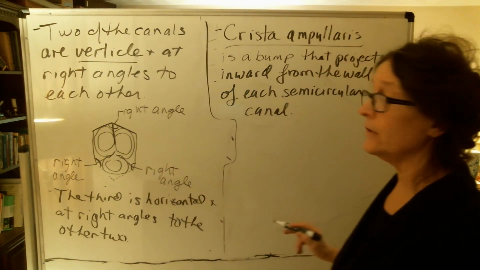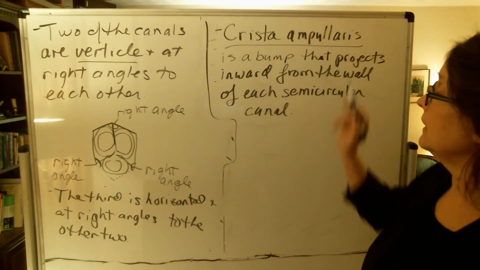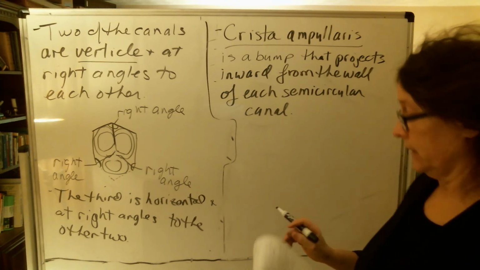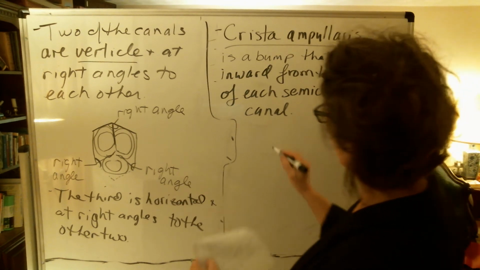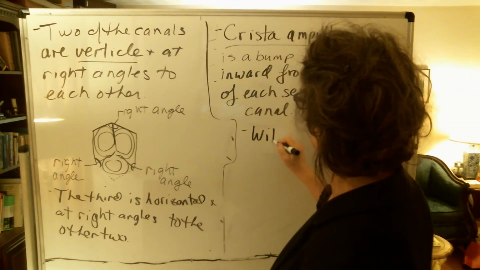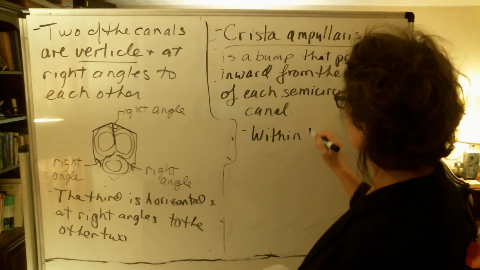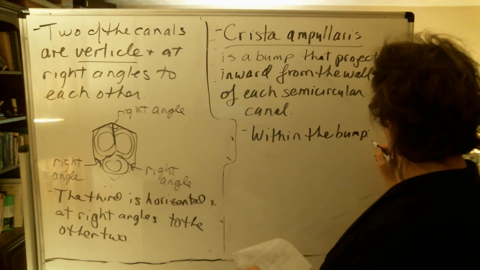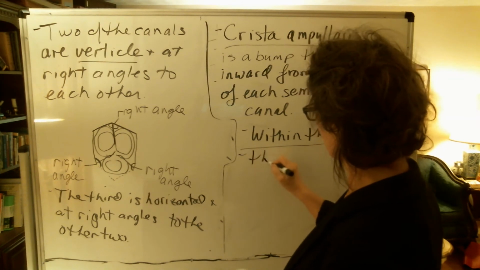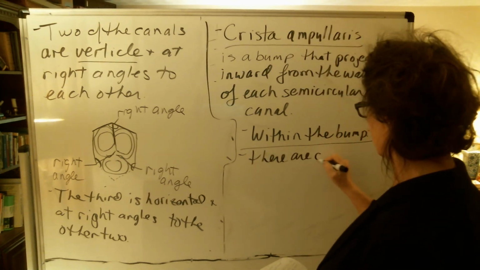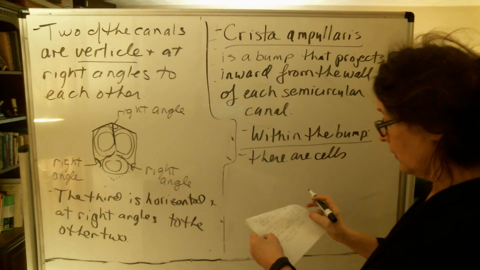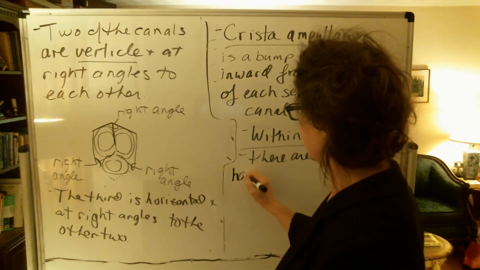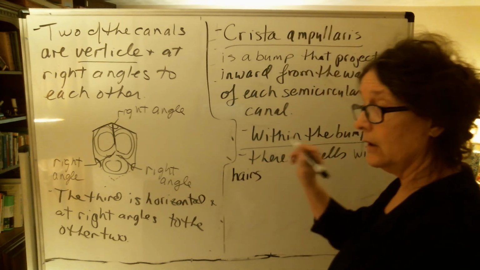So on the interior of each canal, you have one of these bumps. And remember, the semicircular canals are filled with fluid. Within the bump, there are cells with hairs. You may be seeing a theme here.